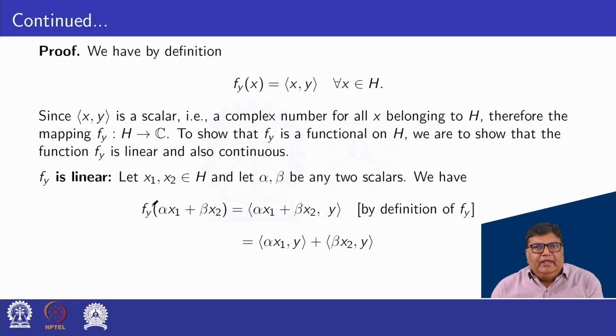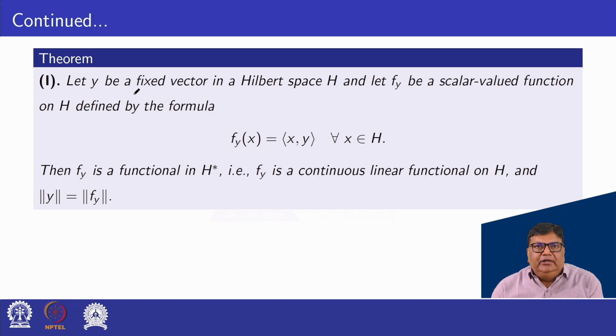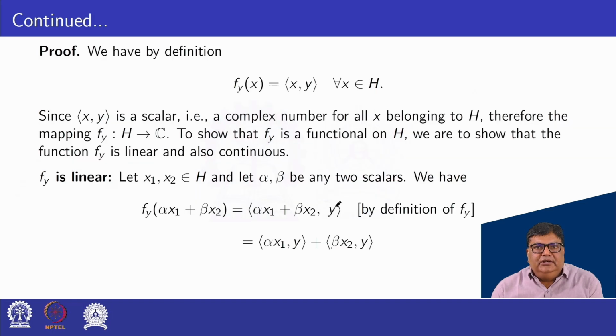We have Fy(alpha x1 plus beta x2) defined as the inner product of alpha x1 plus beta x2 and y, where y is a fixed vector in Hilbert space H. By the property of inner product, we can write this as the inner product of alpha x1 and y plus the inner product of beta x2 and y.